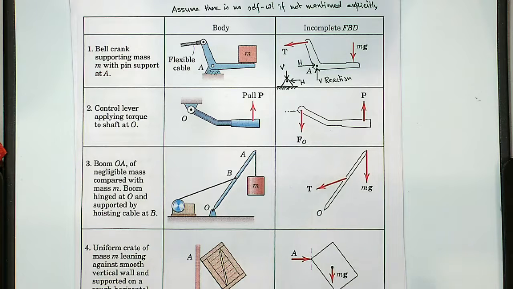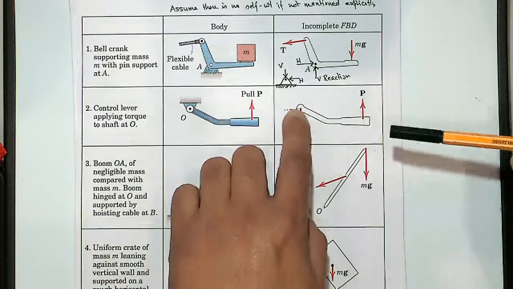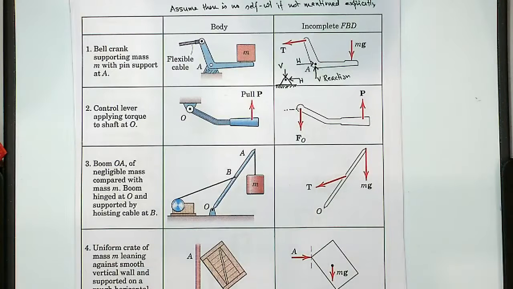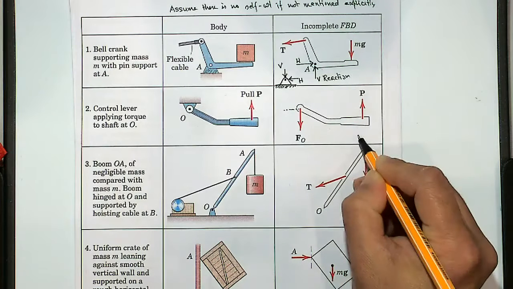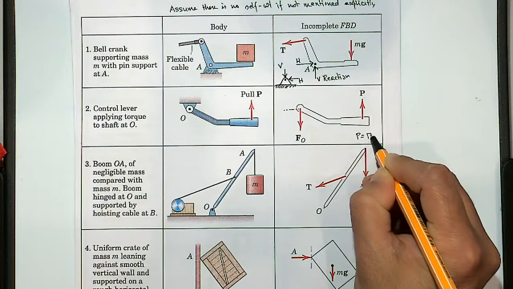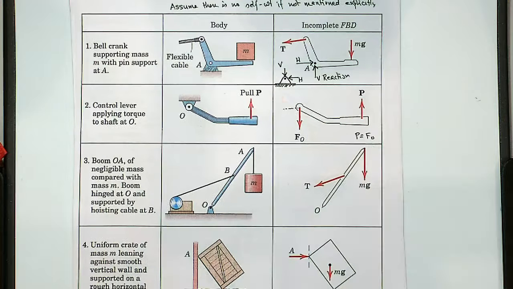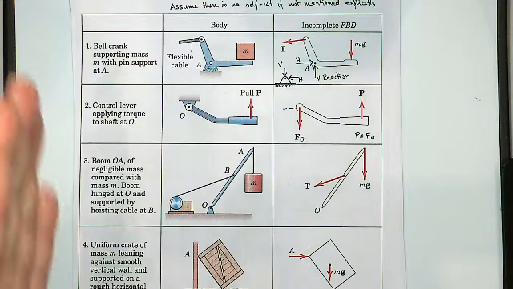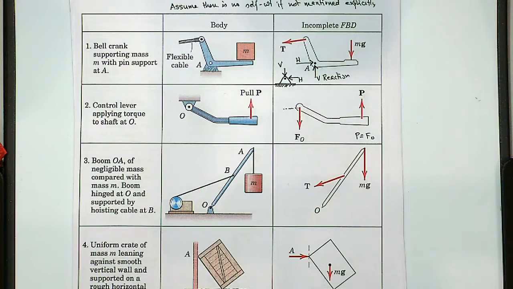But first of all, you need to think about whether this, as it is shown, is under equilibrium or not. Is it under equilibrium? If P is equal to FO, for example, the summation of vertical forces, one going upward, one going downward, is the same amount, that's it.